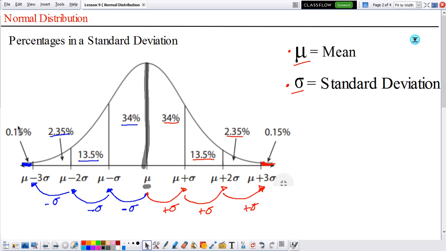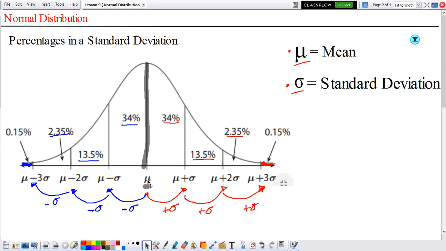So again, if you add all these areas or all these percentages, it should always give you 100%, because you know that underneath the graph, there's always going to be 100%. All we did was break down that 100% into pieces, and each piece is determined by how many standard deviations you move to the right or to the left.